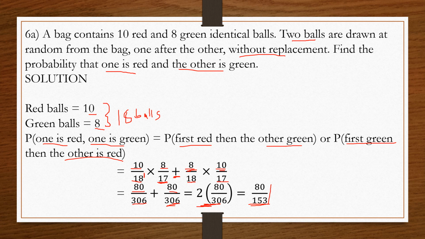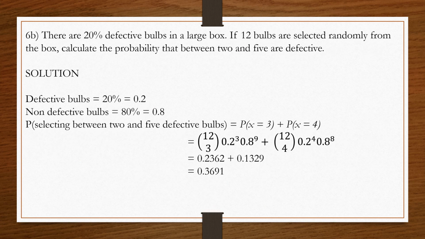Thank you. All right, for 6B, we have 20% defective bulbs. Let me get my pointer. Here we have defective bulbs, and 20% we change to decimal, and it's 0.2.